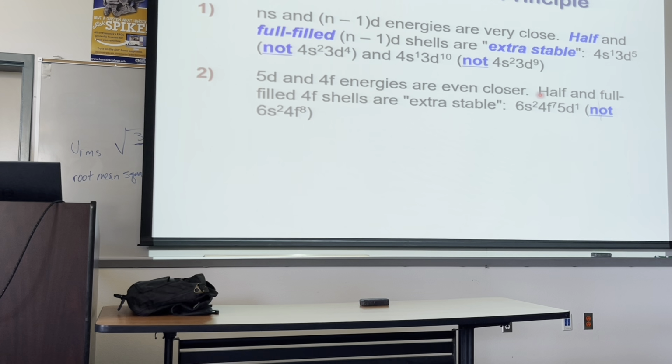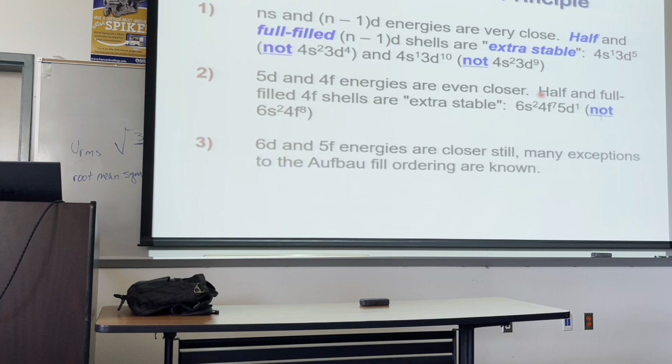Okay. 5d and 4f energies are even closer together. Half-full and full-filled shells are extra stable. So 6s2, 4f7, 5d1, not 6s2, 4f8. So there's like 4 exceptions, well, 8 exceptions. But we're not even going to look at those right now.